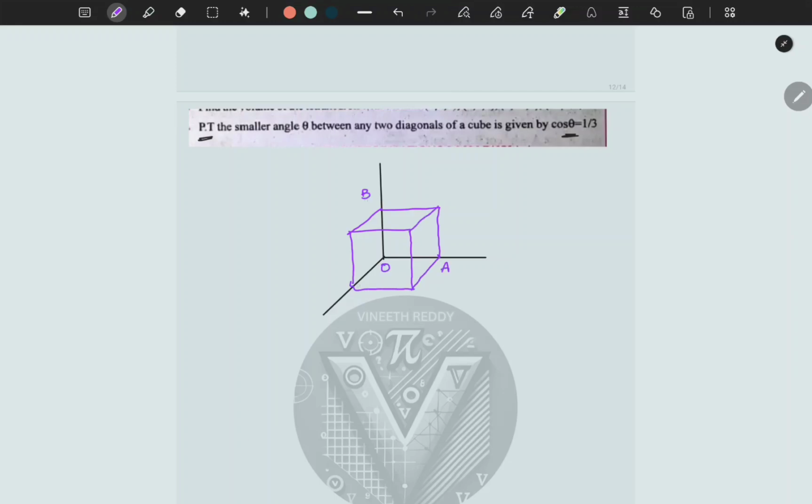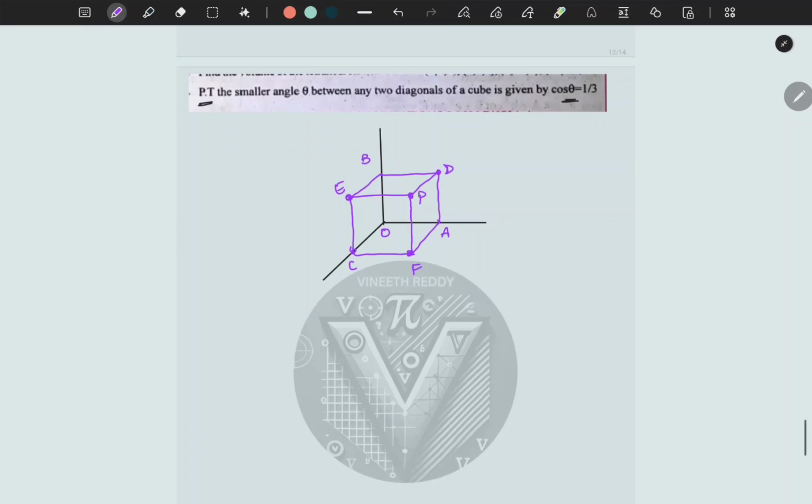So let us say this is vertex A, this is vertex B, this is vertex C. Let us take this point as D, this point as E, and this point as F, and this point as P. So let us say this is x-axis, this is y-axis, and this is z-axis. Let us consider a cube of side a units.